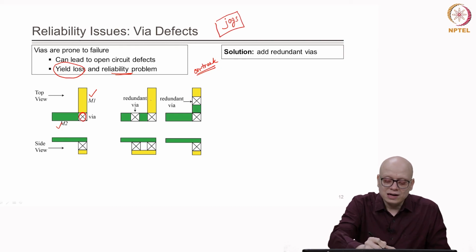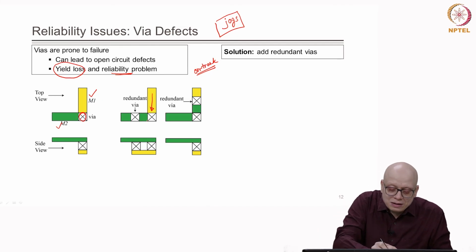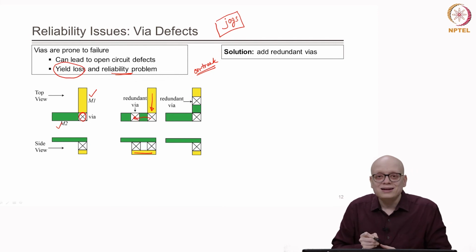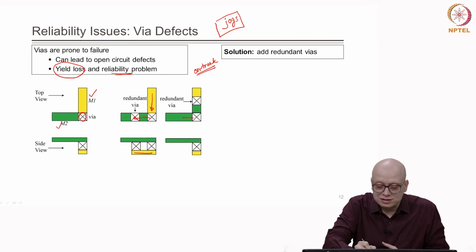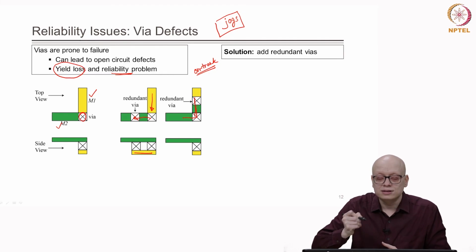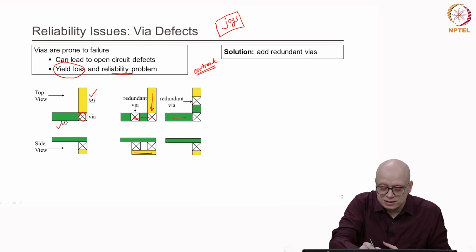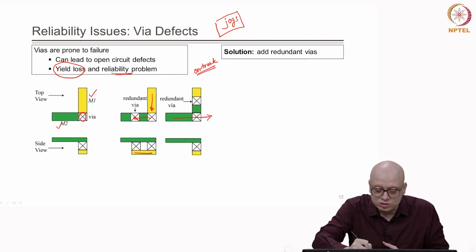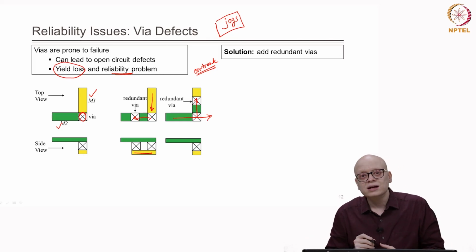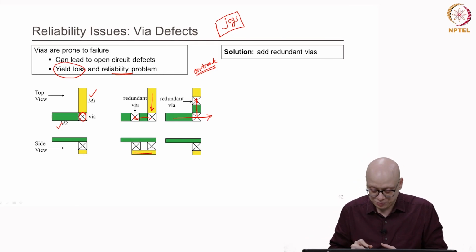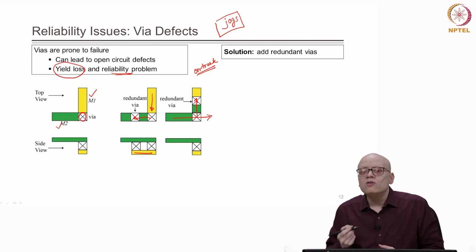For example, in this case, this yellow line or M1 line is used as a jog from here to here. And in the other case, this M2 line is used as a jog from here to here. The preferred direction is horizontal and M2 is running in the vertical direction from here to here, and it is used as a jog. We can also have an off track via.